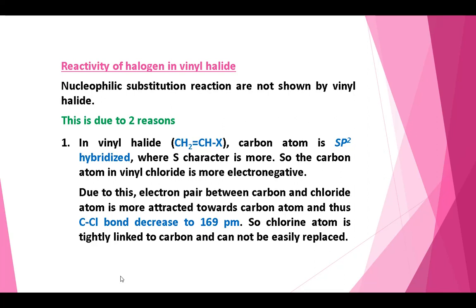Due to this, the electron pair between carbon and chlorine atom is more attracted towards the carbon atom, and the C-Cl bond decreases to 169 picometer. So the chlorine atom is tightly linked to carbon, and cannot be easily replaced by any other nucleophile.